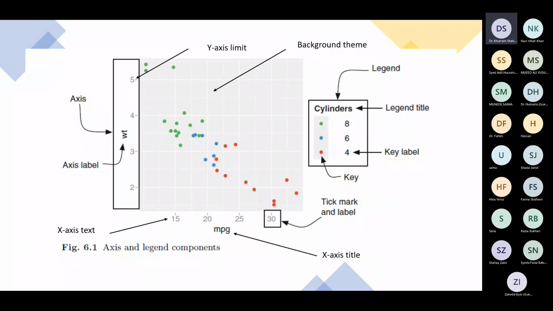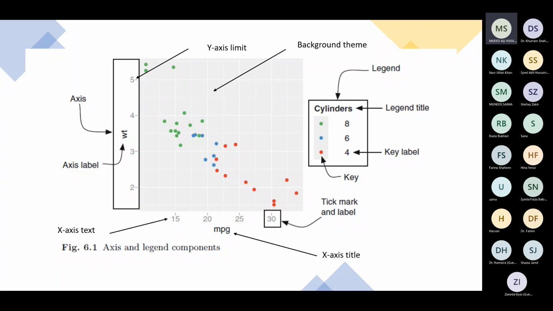Can anybody explain what components graphs have? Yes, sir. The first components are the x-axis and the y-axis. Those are the two axes that we have.